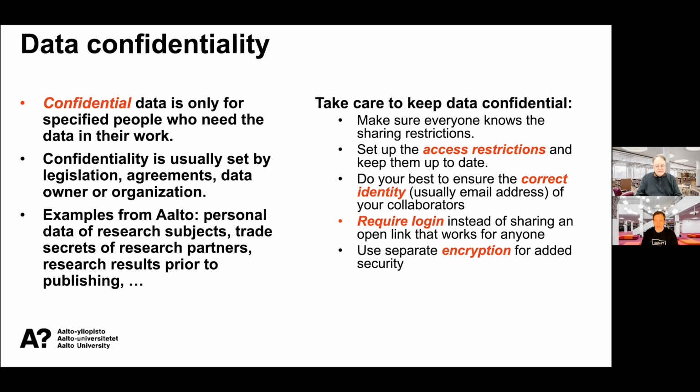So it might come from legislation, some agreements, research agreements made with data owners or companies, or the data owner might tell that, okay, we can give the data for research purposes, but only for you and your project team and no one else. Or then this organization will decide that, okay, we keep this data as confidential.